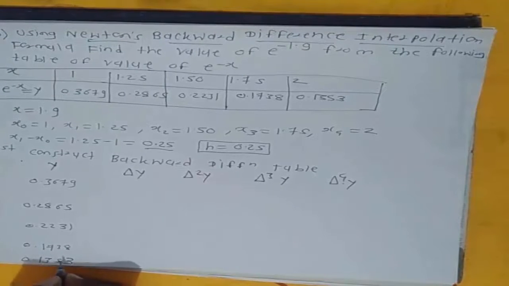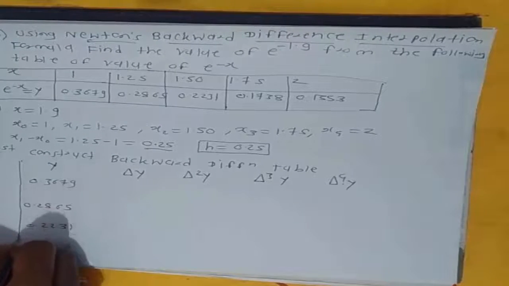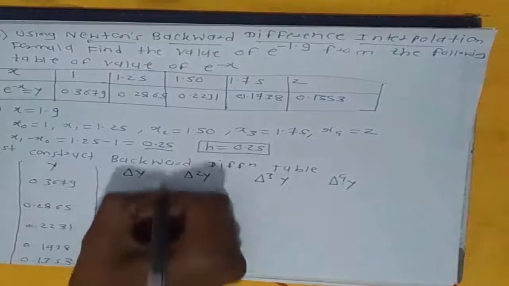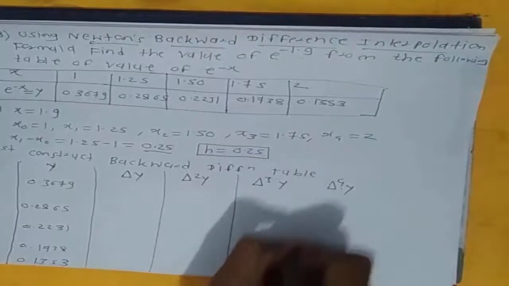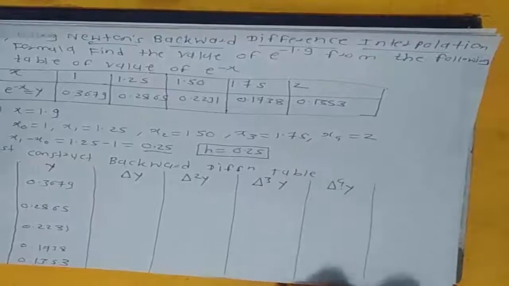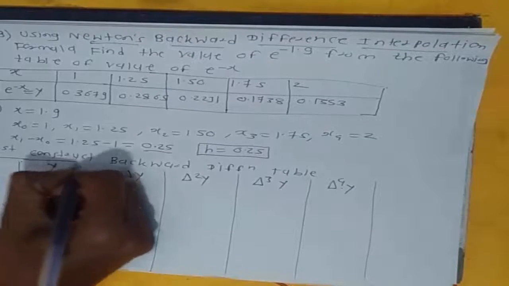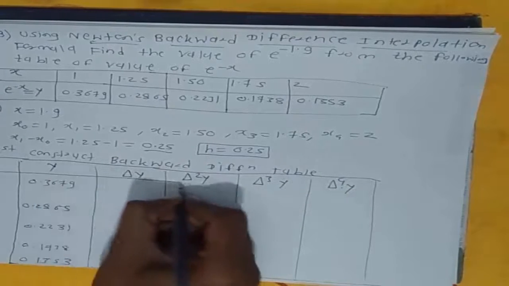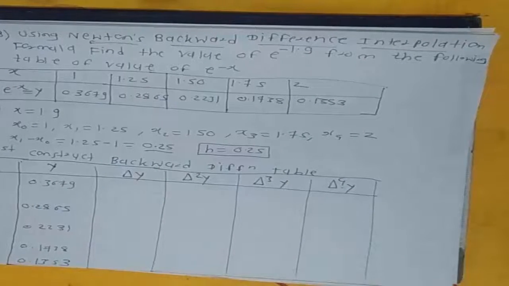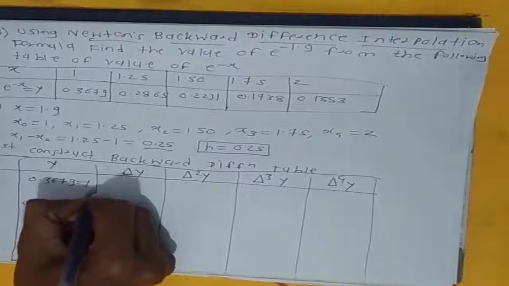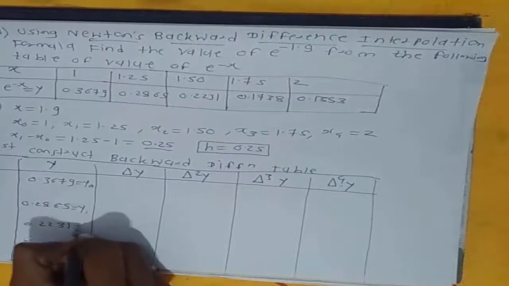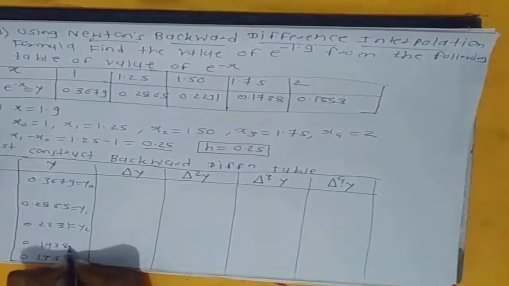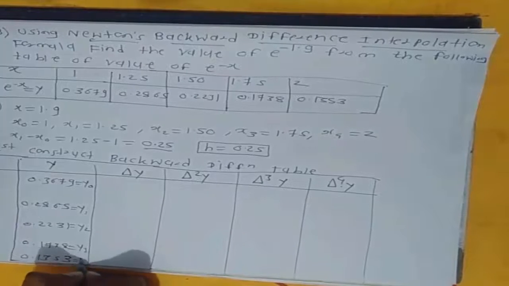We start to prepare this backward difference table from the bottom of the table. We prepare the table by taking the differences from the bottom. These will be y0, y1, y2, y3 and y4.